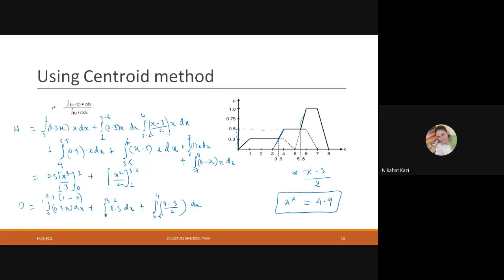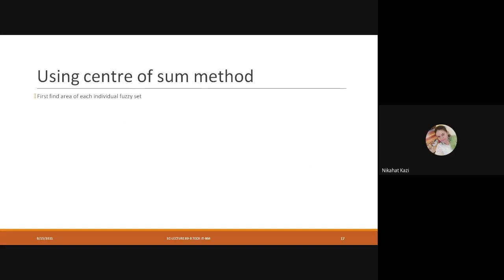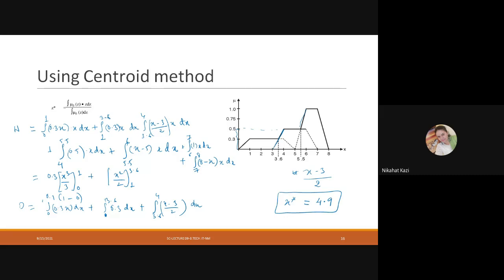What is the area formula for trapezoid? Half into height into sum of parallel sides. Yes. So that formula you have to apply. You will get the areas. You're getting it? Check half into 0.3 into, for this particular trapezoid, what is it?